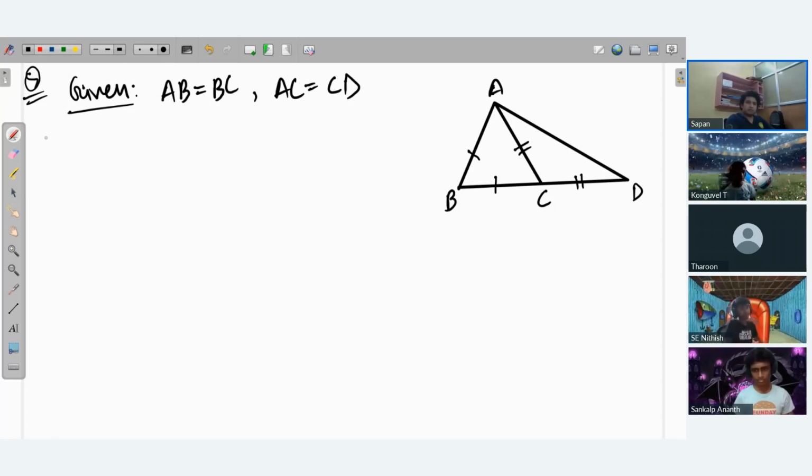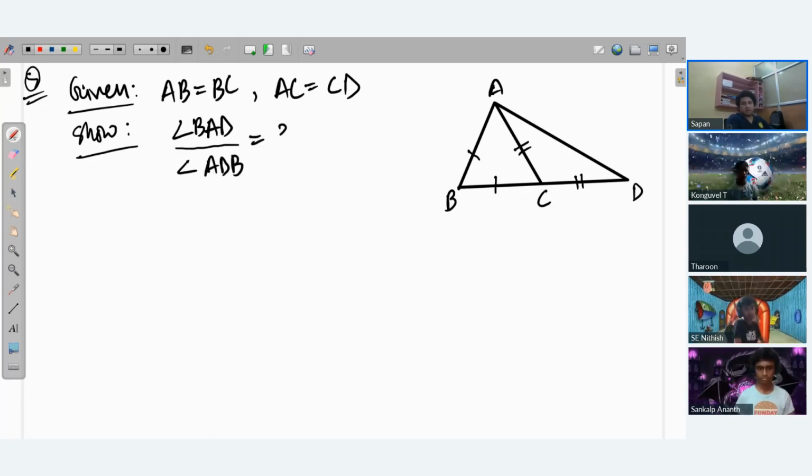Prove that angle BAD divided by angle ADB is equal to 3. One minute starts now.